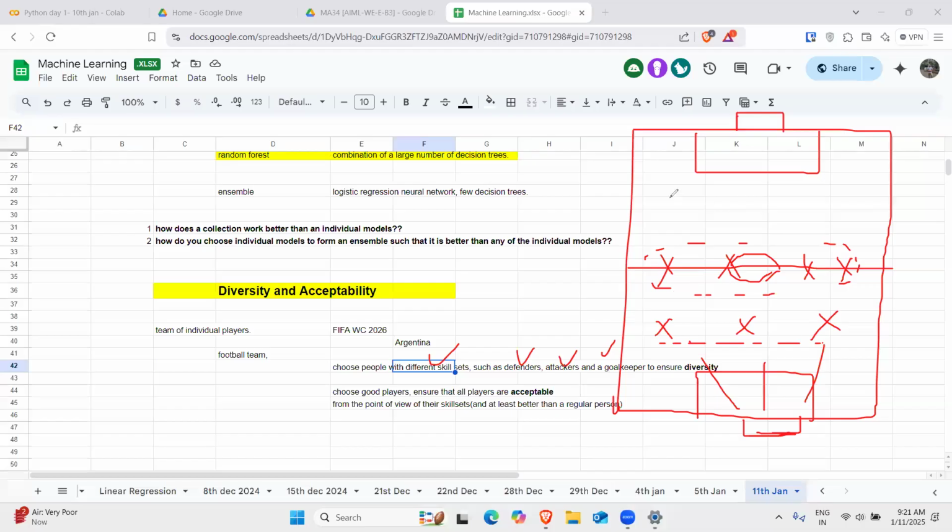midfielders, and then you have defenders. You can have 3 attackers, and one will be your goalkeeper. So 4-3-3 or 3-4-3 is your combination. These people will defend against the opponent team scoring a goal.